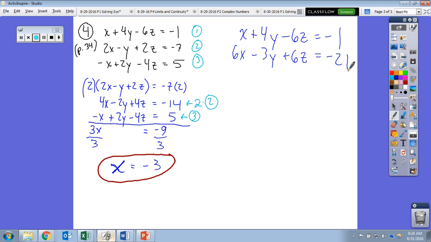So what she just did, Aurora did, she did 3 times equation 2. So this here is 3 times, I know I'm writing it small, but this is 3 times equation 2, and this here is just equation 1. 3 times equation 2.